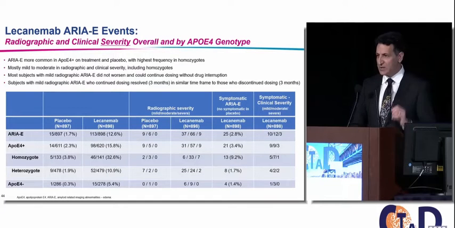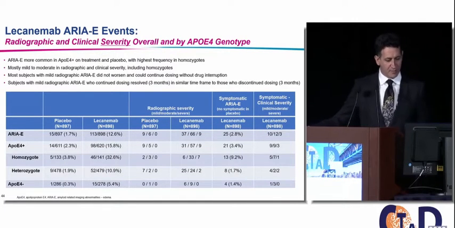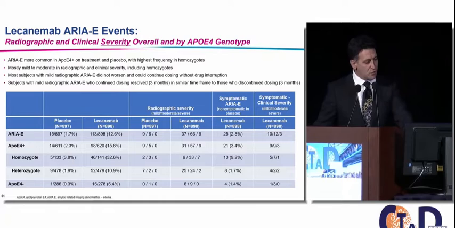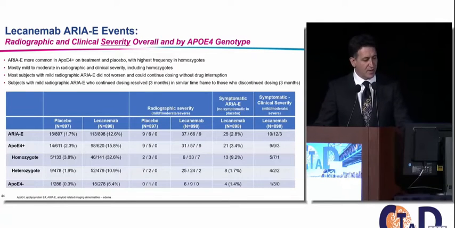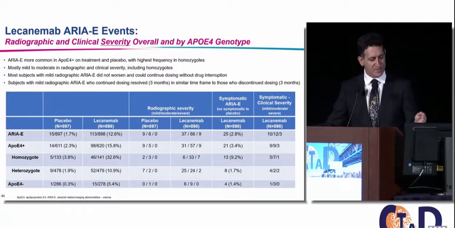Now let's spend a minute talking through the slide. Again, a lot of numbers in front of you. So you see here that the denominator is 898. The ARIA-E rate for the numerator is 113. And if you look at the radiographic severity, on the middle right, that's 37, 66, and 9.